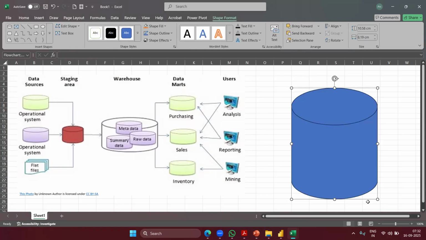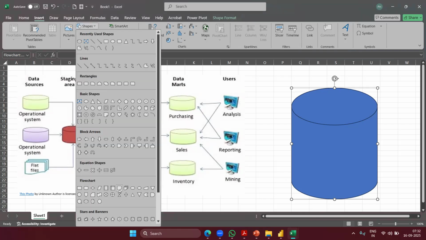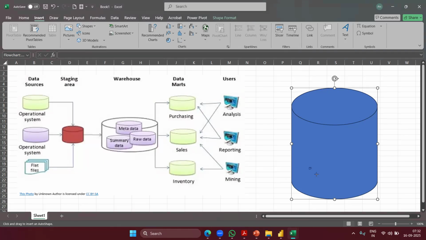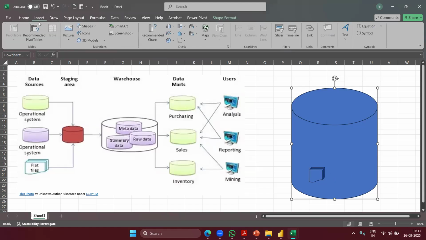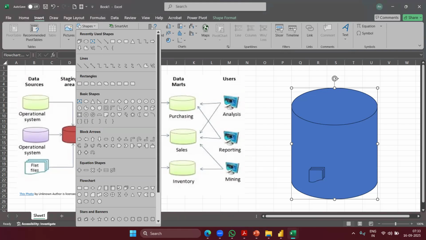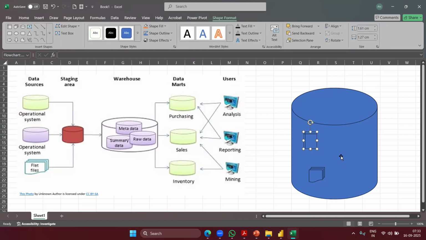Whenever you want to represent files, this is the one. These are standard things. And whenever you want to represent a table, I am just giving the basics, we will use this one.